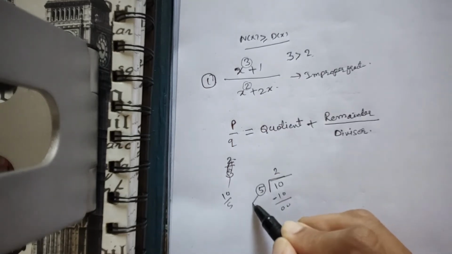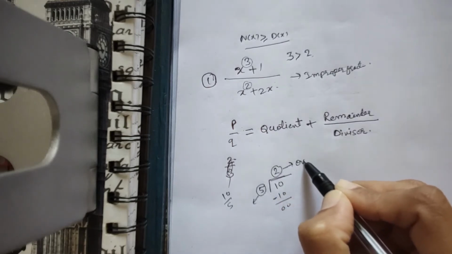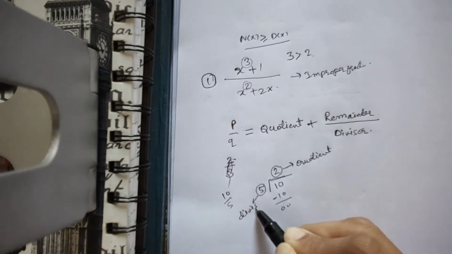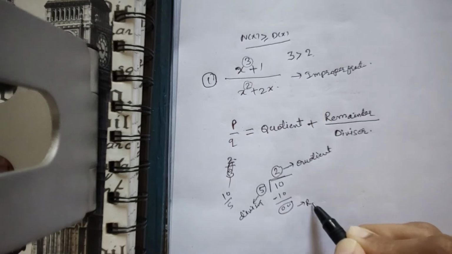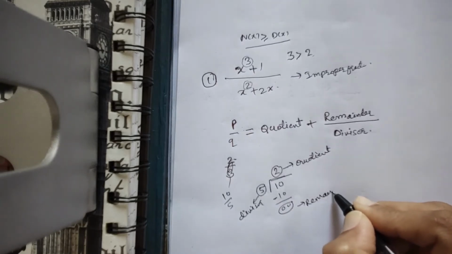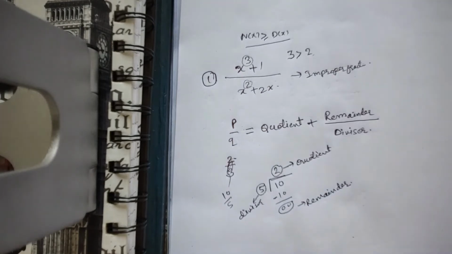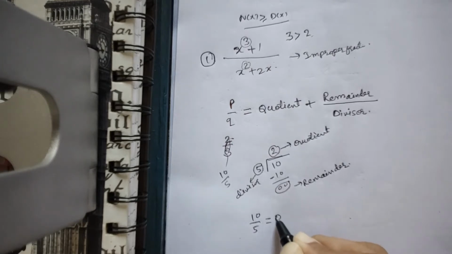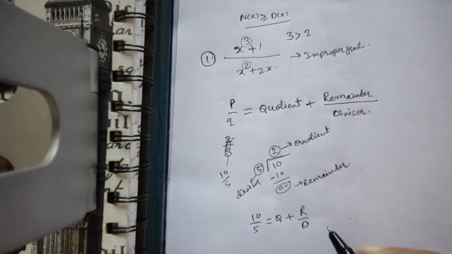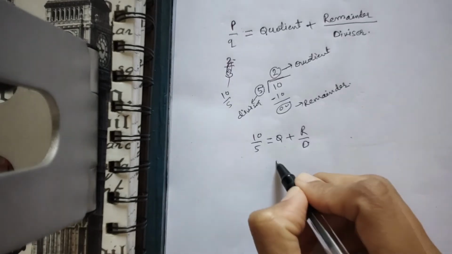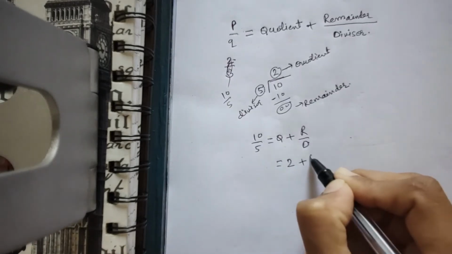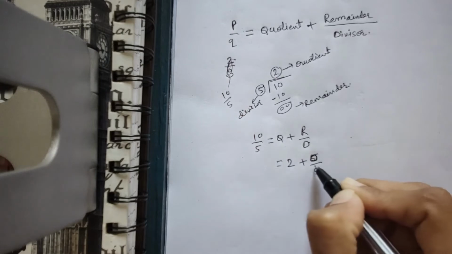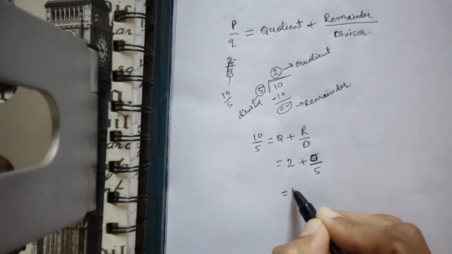This is nothing but the quotient, this is the divisor, and this is the remainder. Now I can write 10 upon 5 equal to quotient plus remainder upon divisor. So I can write it as 2 plus 0 upon 5, which is equal to 2 actually.